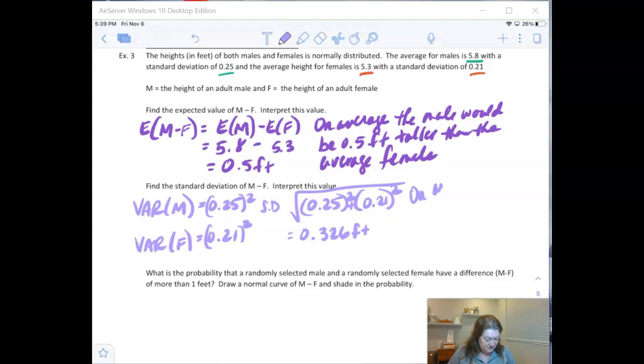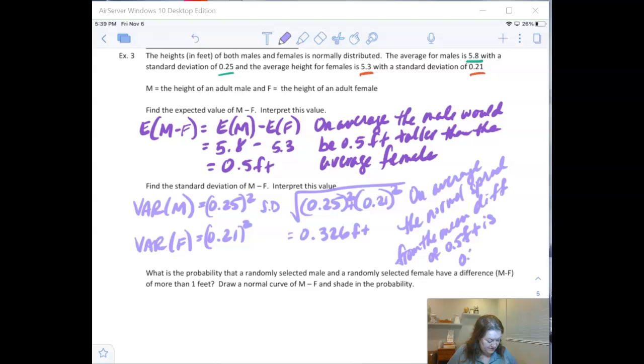So the normal spread, or the average spread from the mean difference of 0.5 feet, is 0.326 feet. And that would be the average distance between the male and the female height.